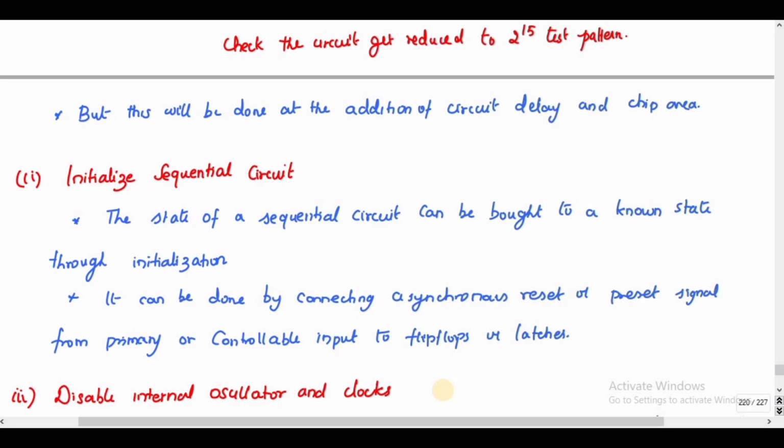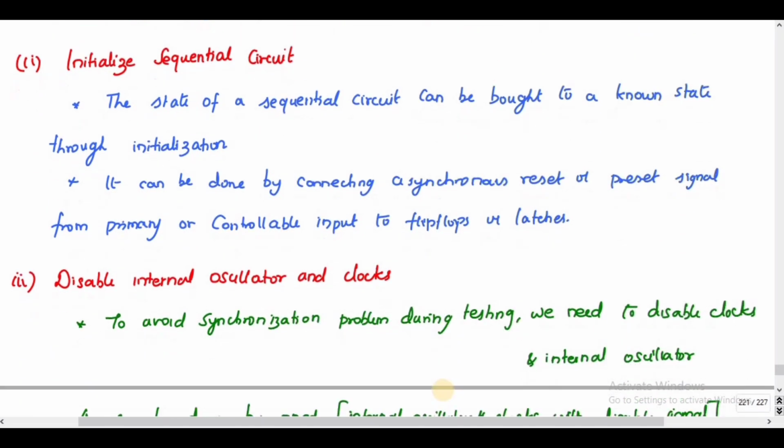This can be done by connecting an asynchronous reset or preset signal from a primary or controllable input to the flip-flops or latches. If we don't know the initial state of a sequential circuit, it is very difficult to test. With the initialization technique, we can know the state of the circuit.